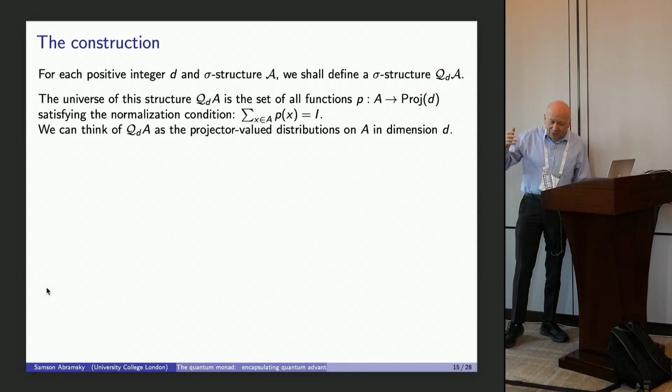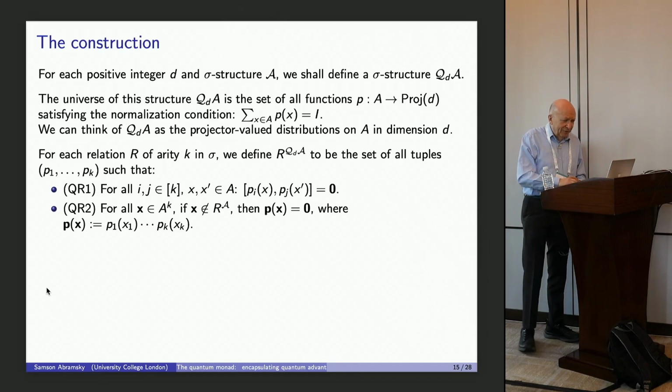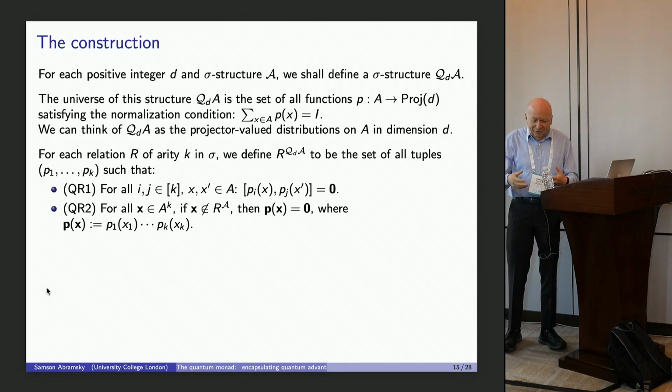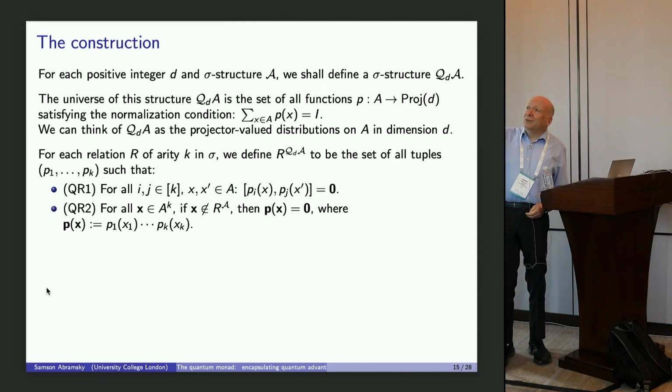You know, we think of probability distributions valued with reals in the unit interval, and this is projector valued distributions. We can think of them, if you like, as quantum truth values. And that's just defining what the new universe, the vertices or whatever of the structure, are. And we have to define also the relations on the structure.